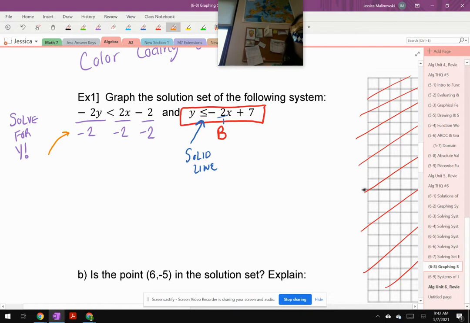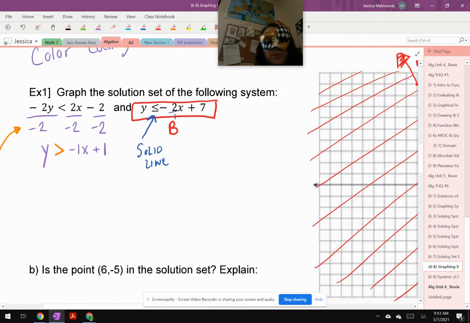Remember, when I'm dividing by -2, I'm going to need to flip my inequality. So that's going to leave me with y is not less than anymore, but flipping to greater than. 2 divided by -2 is just -1x. 2 divided by -2 is a positive 1.